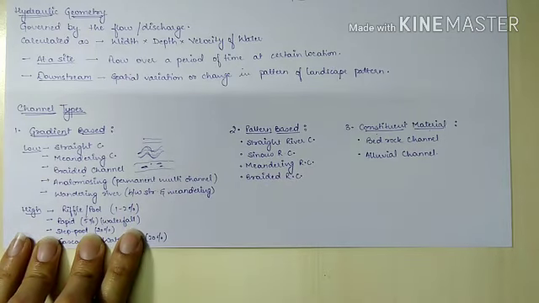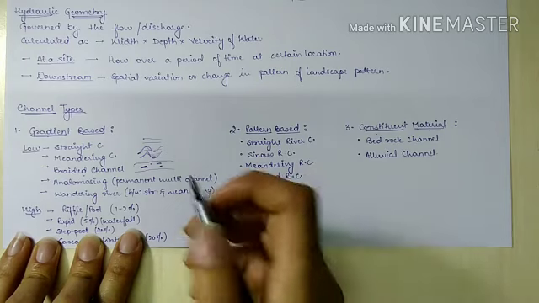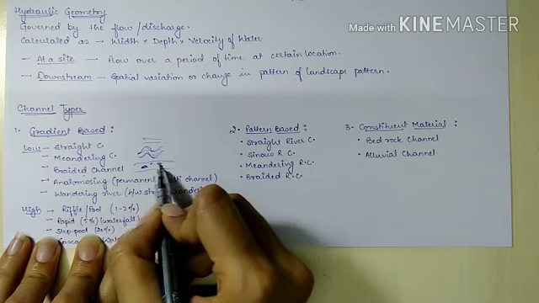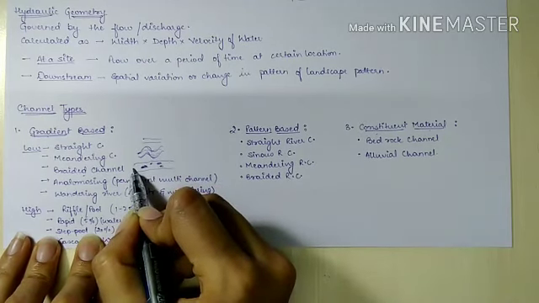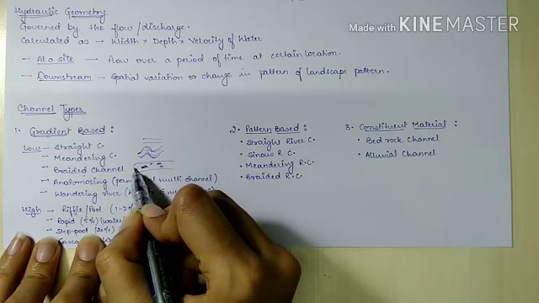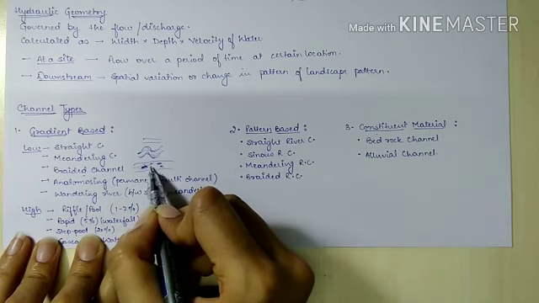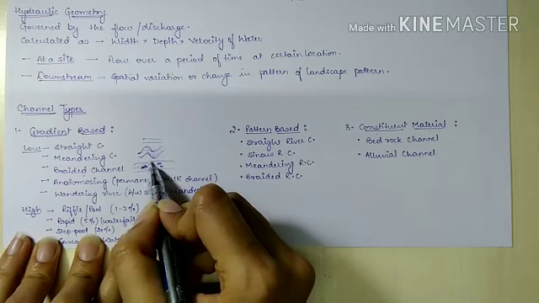And next is anastomosing. Anastomosing channels are permanent multi-channels. See, like this is the braided one. Here, in anastomosing, the river will flow, it will divide into two, then it will again come together, and divide again.